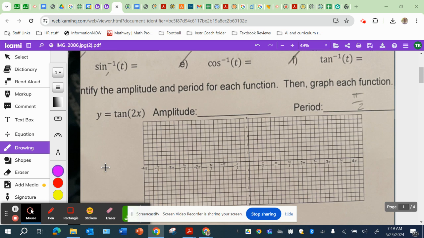So we start out with graphing this function, tangent. You already got the period, because the period normally for tangent is pi, and so you divided that by 2. And the other thing you can do when you go to graph: normally every pi there's an asymptote.